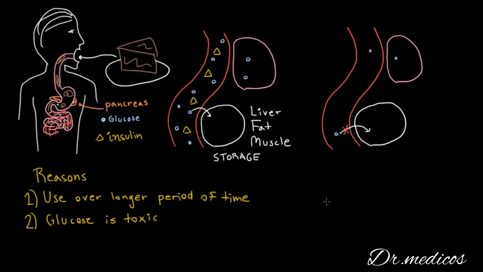So let's just draw, for example, one of the cells of the pancreas. And this, by the way, is called the beta cell. Those are the cells that release insulin. So here you have a beta cell from the pancreas, and you have your blood vessel coming near it. Now, when the blood vessel has a lot of glucose in it, that glucose is going to enter this cell freely.